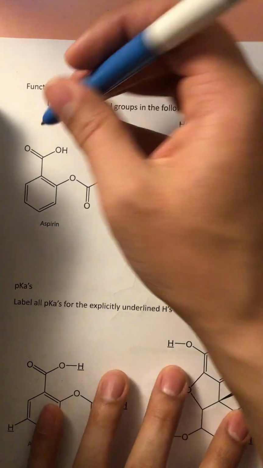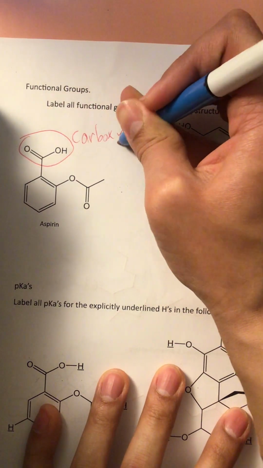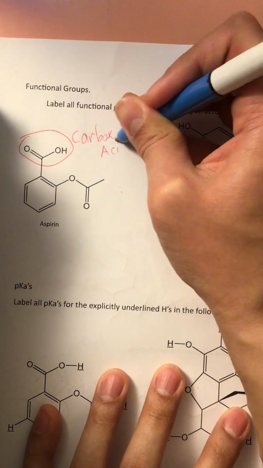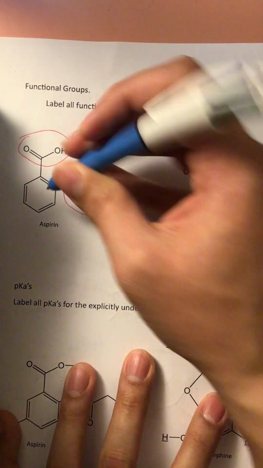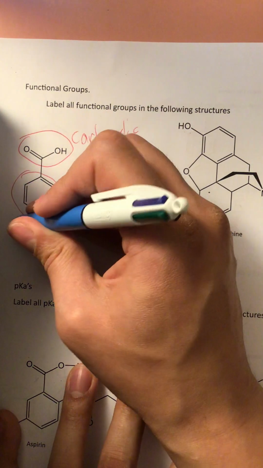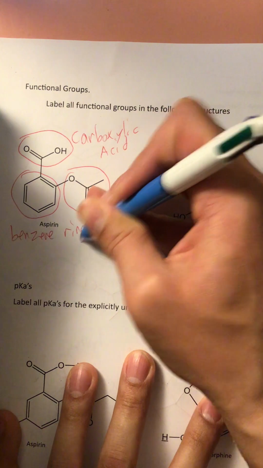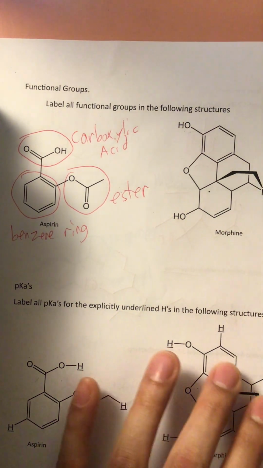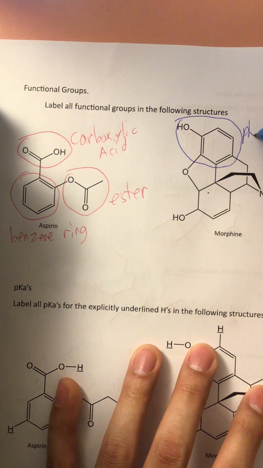These are functional groups. So this is going to be carboxylic acid. This is going to be an ester. This is going to be a benzene ring, or an aromatic ring, it might be called. This is going to be called a phenol.